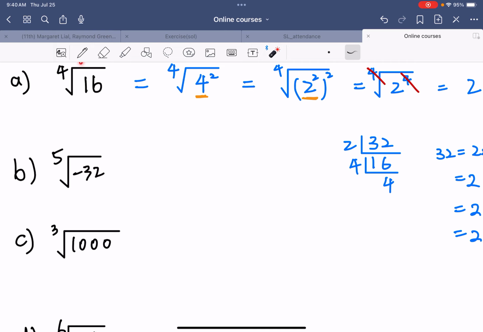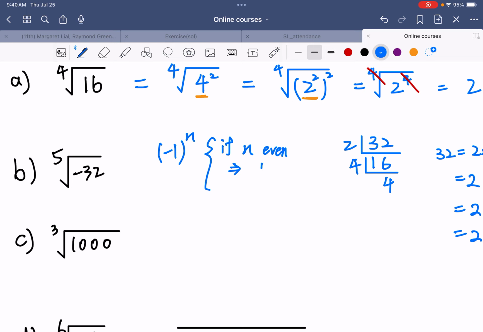So if n is an even number, then we get 1, because an even number of -1s multiplied with each other will become 1. So an even number will always give 1.